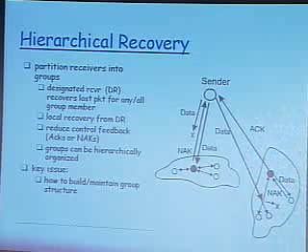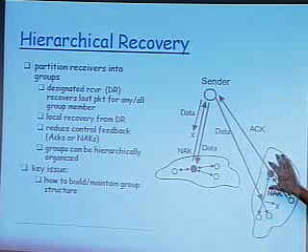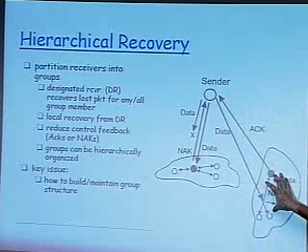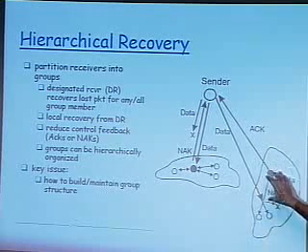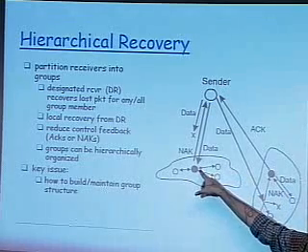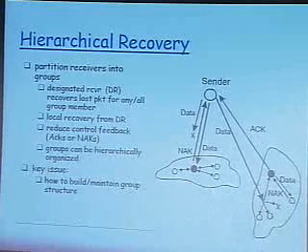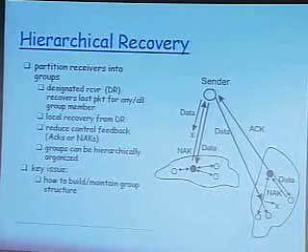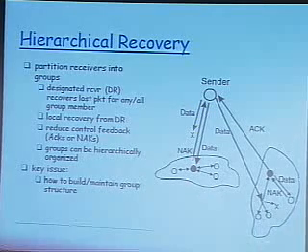So you have one big multicast session, and within each multicast session you partition them into smaller groups. Each group will have a designated receiver, and the designated receiver will recover the lost packet for all the group members in that smaller group.